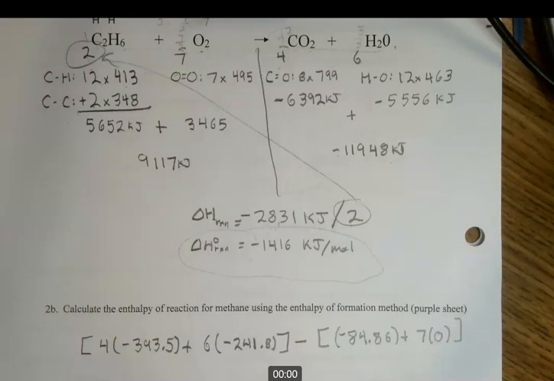So now we're going to go ahead and multiply that out. Okay, and for this we get negative 3024.8, and now we're going to add this to it up here. And we get plus 84.86.